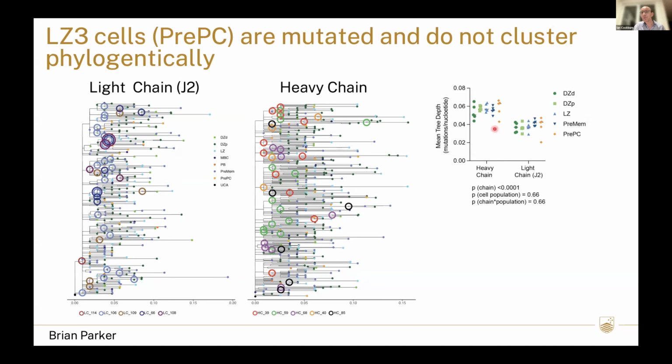And overall, both the light zone 3, the pre-plasma cells, and the memory cells and pre-memory cells have as many mutations as the other cells, but they don't have the key affinity increasing mutation. So it's not that they are unmutated or they're yesterday's cells, they look like they're today's cells.